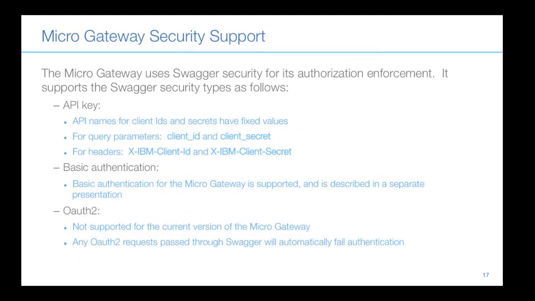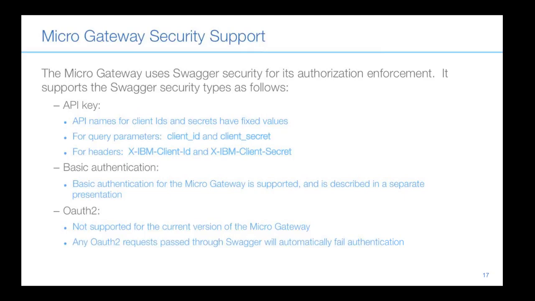So I'm going to describe here how the micro gateway enforces the Swagger security types for its authorization enforcement. For the API key, there are two things that it can enforce: the client ID and the client secret.